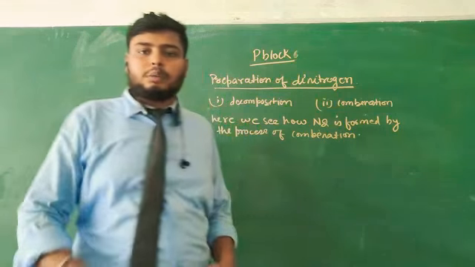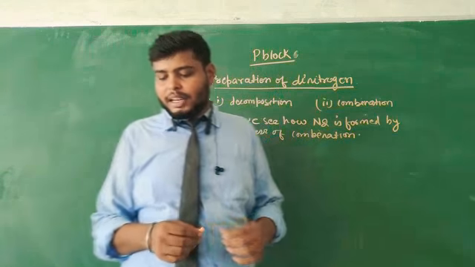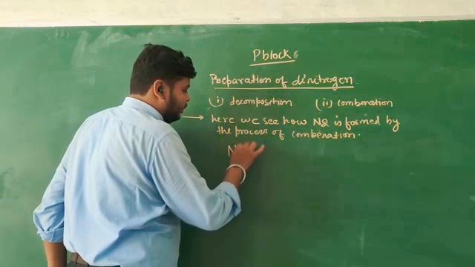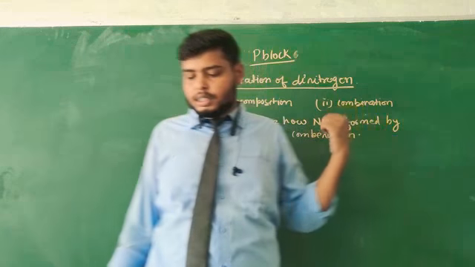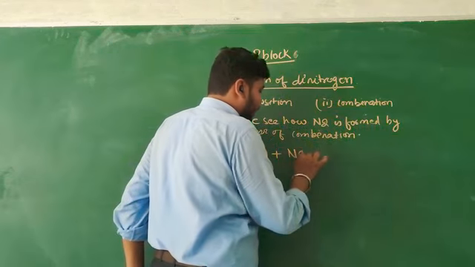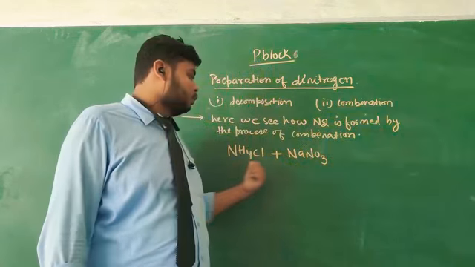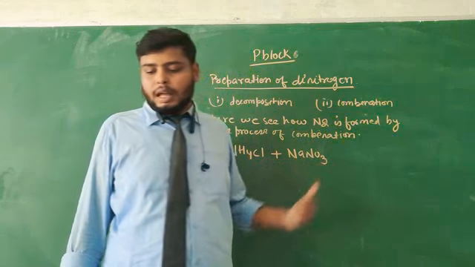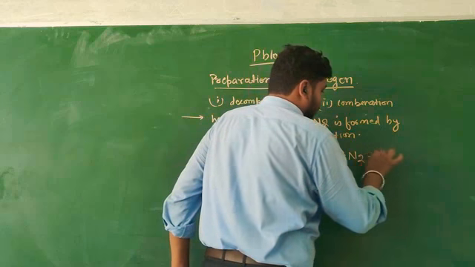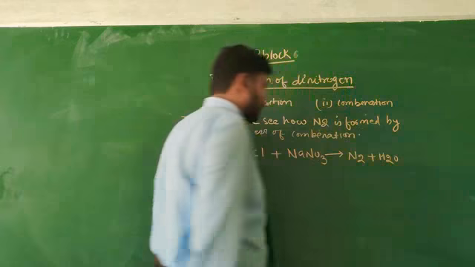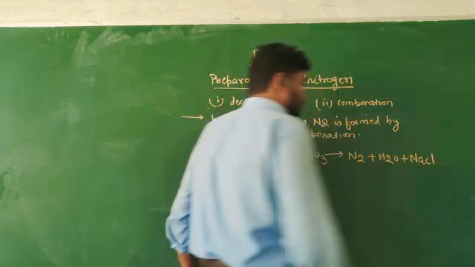That means we have to take some reactants, and our reactant is ammonium chloride, NH4Cl, reacting with NaNO2, sodium nitrite. Our products are N2 plus H2O, and NaCl is also formed.